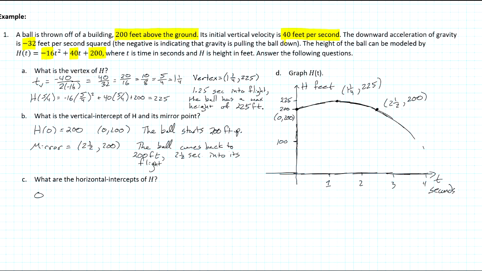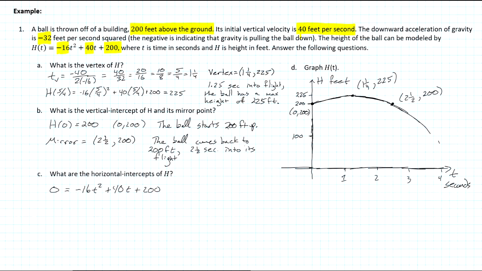So if I set the height to 0 to find the horizontal intercepts, I'll go 0 equals -16t squared plus 40t plus 200. And we can factor out a -8 here. So if we look at 16, 40, and 200, 8 goes into all of them.